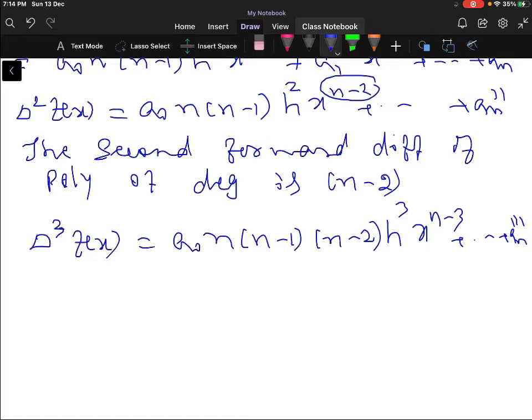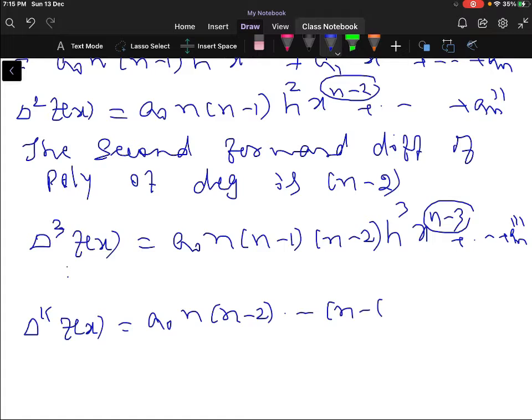So it is a polynomial of degree n minus 3 and so on. Delta k f of x is equal to a naught n into n minus 1 and so on n minus k plus 1 into h power k x to the power of n minus k. So the kth forward difference of a polynomial of degree n is n minus k.